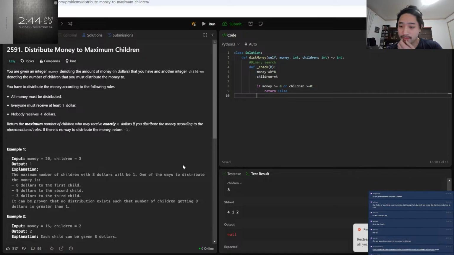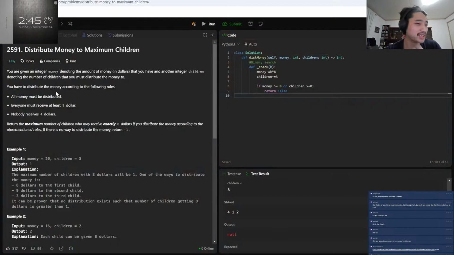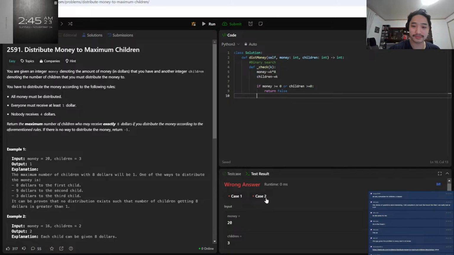Like it, DevGod 2020. Yes, communism for children, a classic. I wouldn't say this is communism, or maybe the way it worked in real life, but I wouldn't say that it follows the communist principle of someone getting really filthy rich and you're not able to have $4.